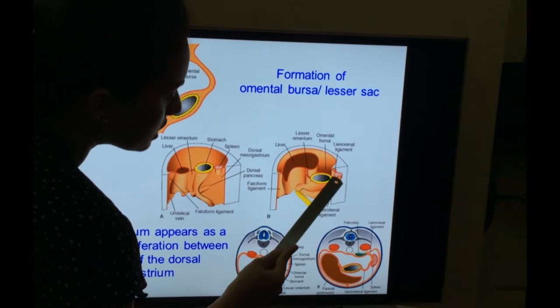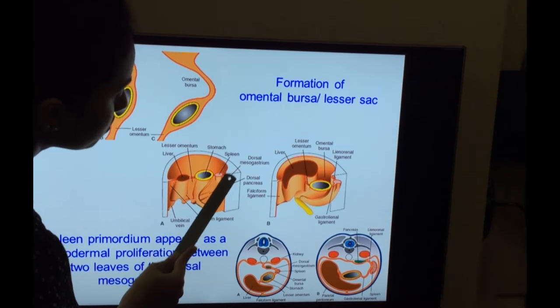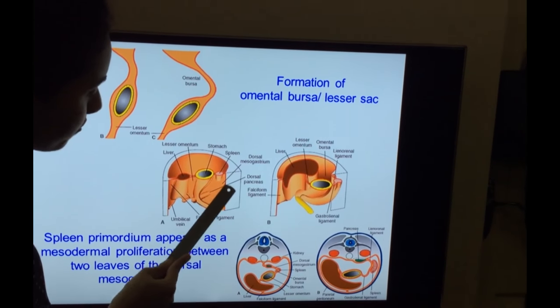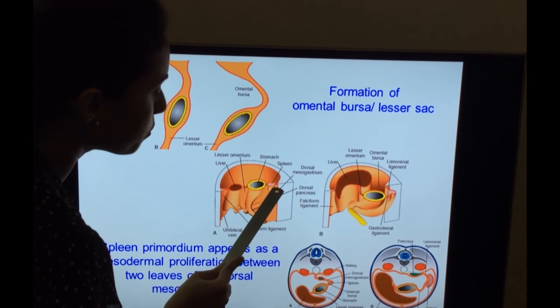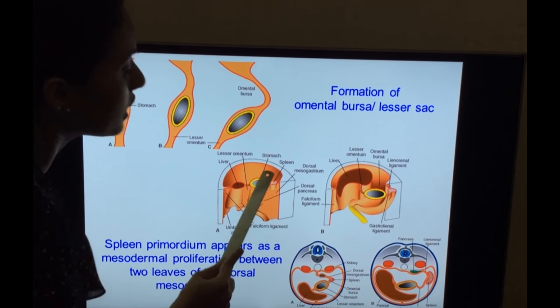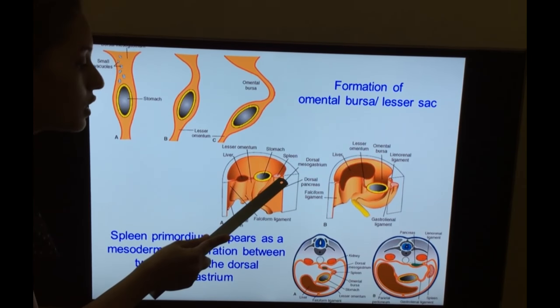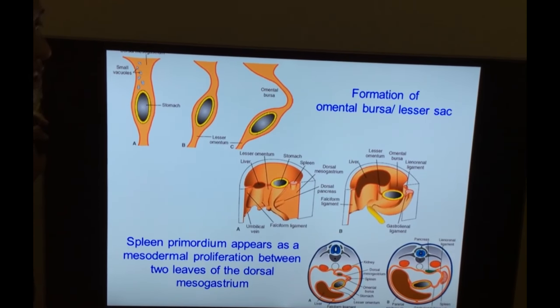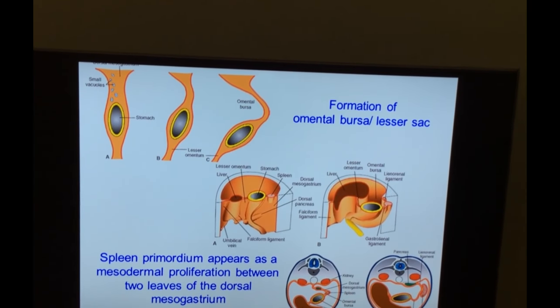This dorsal mesentery, you can see here, is attached to the posterior abdominal wall. Within the dorsal mesentery, due to the proliferation of the mesoderm, there will be development of the spleen. So there will be appearance of the spleen primordium due to the proliferation of the mesoderm within the dorsal mesentery.